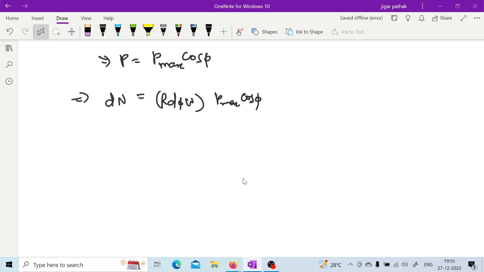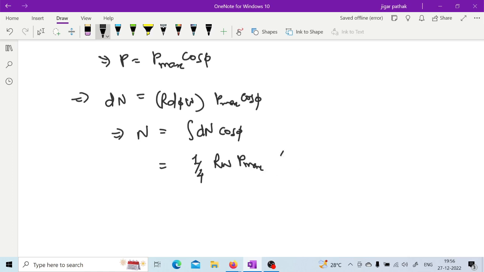So this can be further calculated by integrating dN cos phi. If you put the value of this dN and further simplify by integrating it, I am not going for full integration, I am directly writing that you will get r w p max into 4 theta plus 2 sin 2 theta.